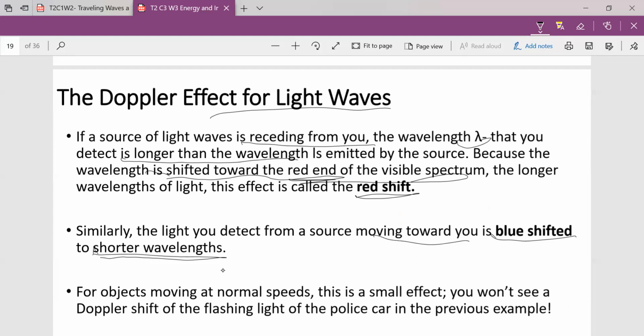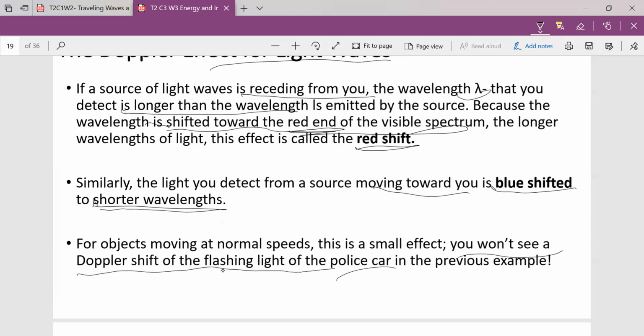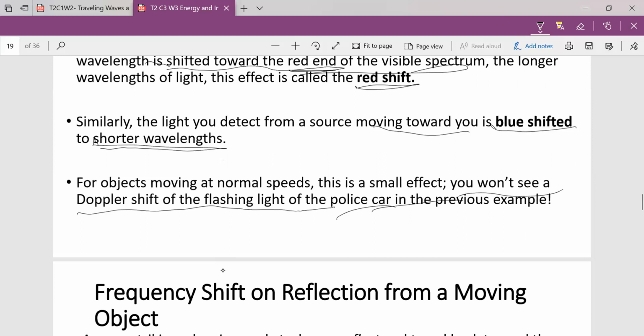So for objects moving at normal speed, there's typically no difference. The small effect is such that it's not noticeable. So you won't see the Doppler shifts in the flashing of light. Okay. So we see also the example of the police car and the siren.